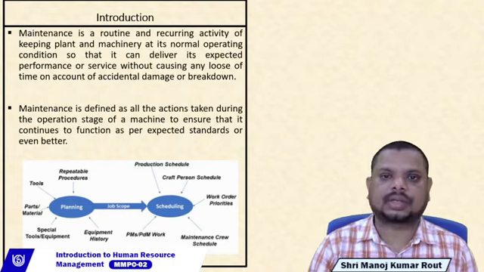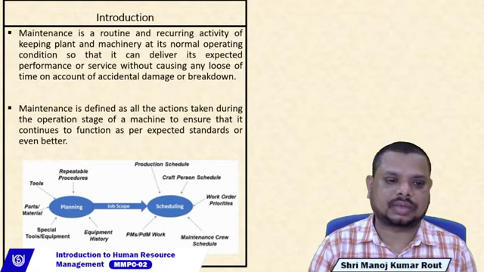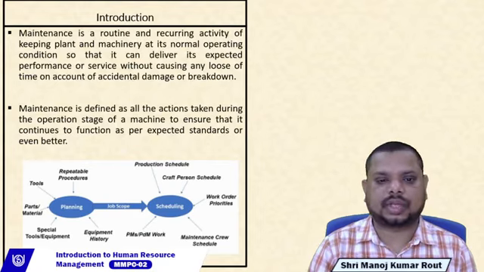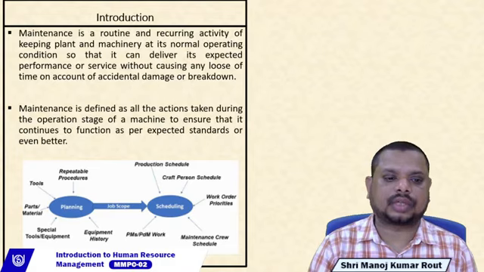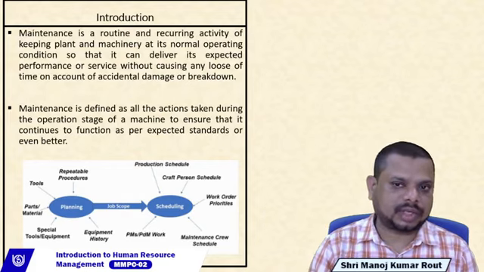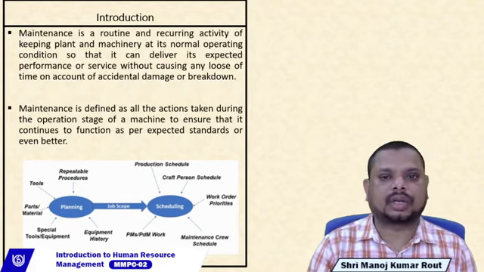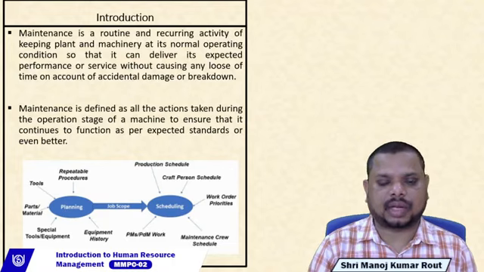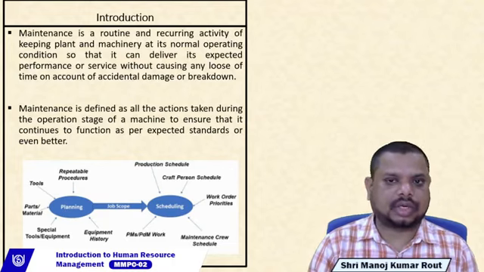So let's understand that maintenance is defined as all the actions taken during the operation stage of a machine to ensure that it continues to function as per the expected standard or even better. If you observe this schematic representation of the fundamental concept of maintenance planning and scheduling, it starts from the planning stage.